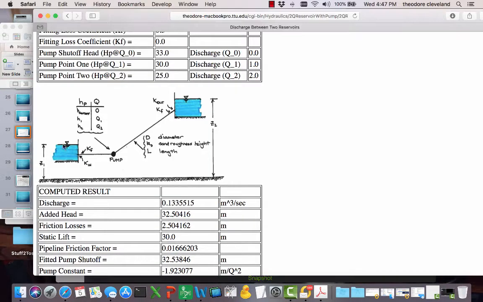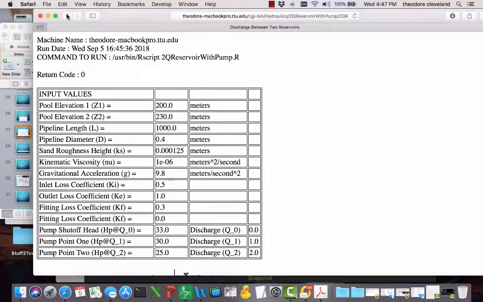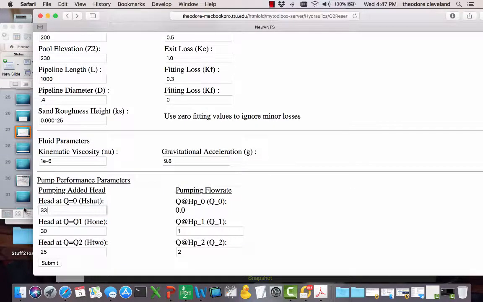We go back to our online tool. We have everything else already entered. And so now we enter shutoff head 56.2. Our operating head 41.2 at a discharge rate of 1 and 38.7 at a discharge rate of 2.